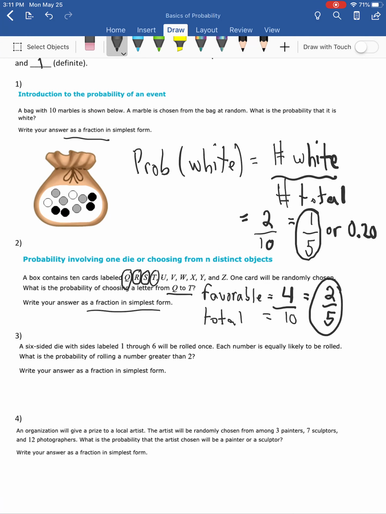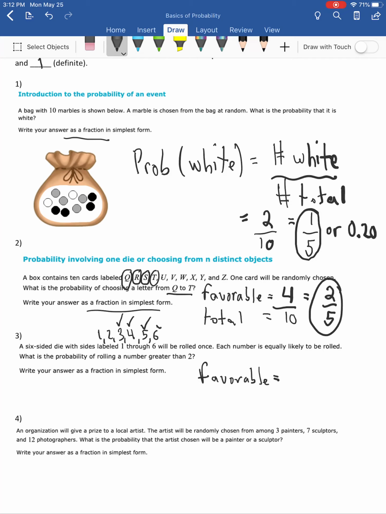Number 3, a 6-sided die with sides labeled 1 through 6. So I've got a die that has a 1, 2, 3, 4, 5, and 6 on it, right? It's a 6-sided cube. It will be rolled once. Each number is equally likely to be rolled. What is the probability of getting a number greater than 2? So our favorable here is anything greater than 2.